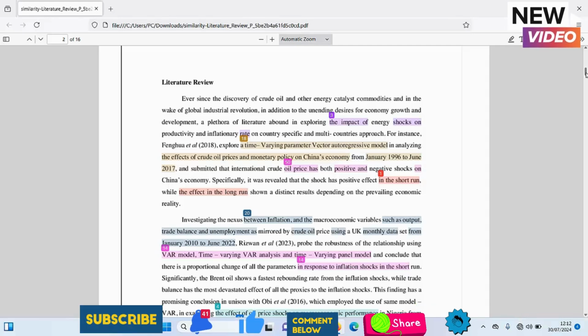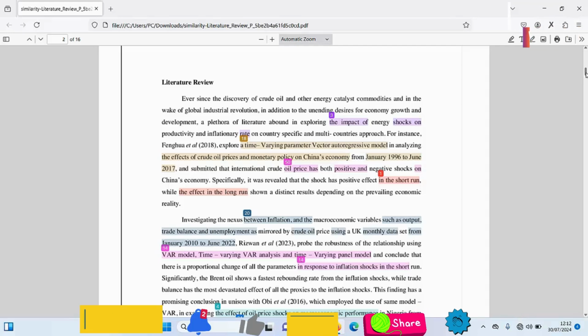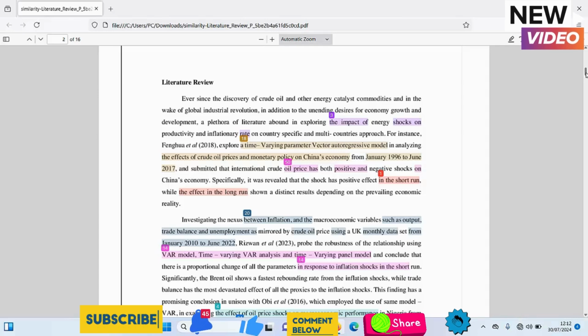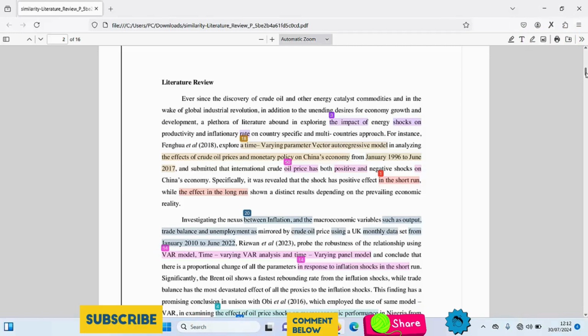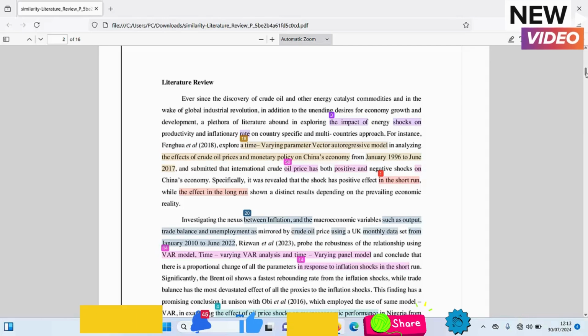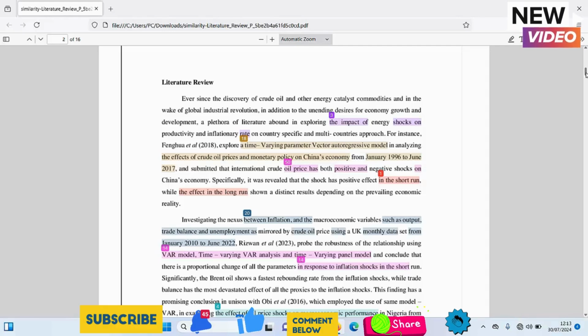So once you notice that your similarity index is very high, first go through the whole document, take away those things that are not that relevant, that are not core, not key to your research. Take them away, reduce the number of pages, you check again, then you know the overall similarity in there. So once you have the overall similarity in there, you can now sit down and rewrite, paraphrase.